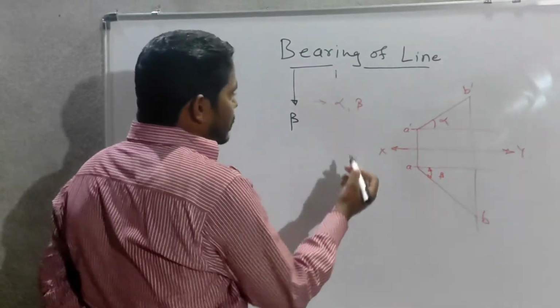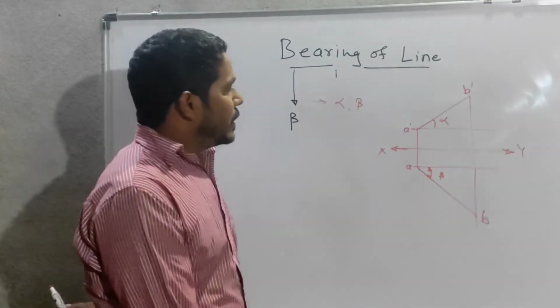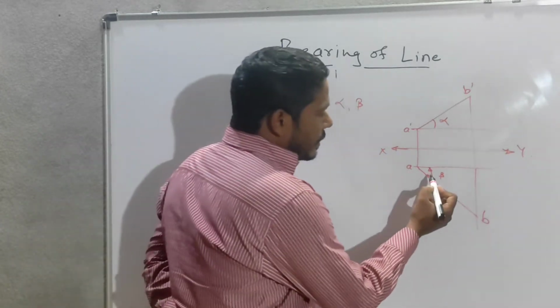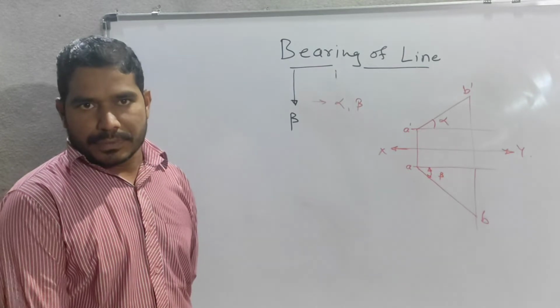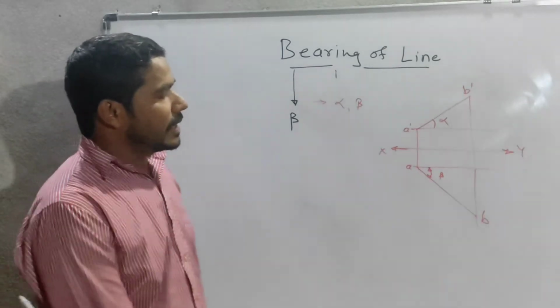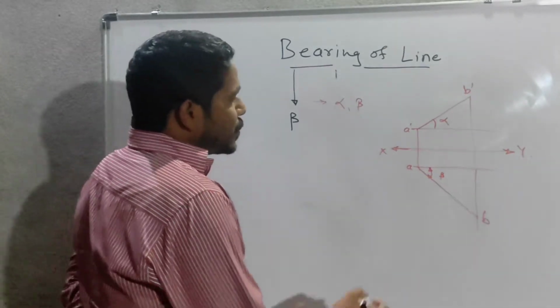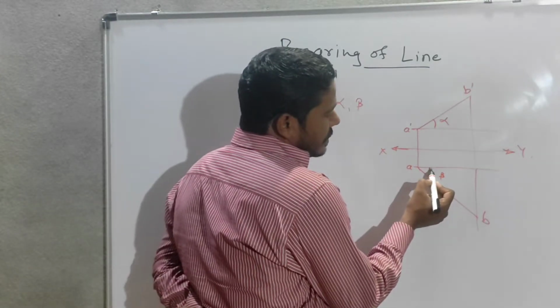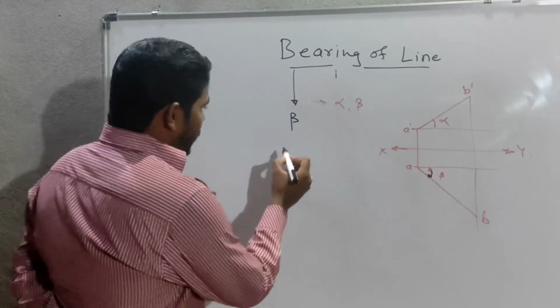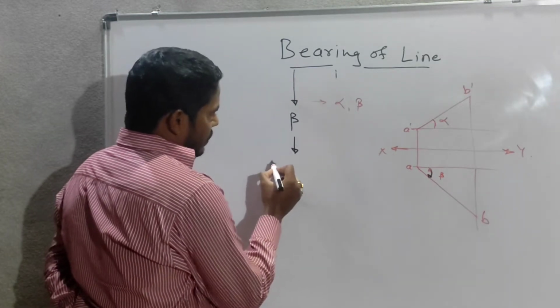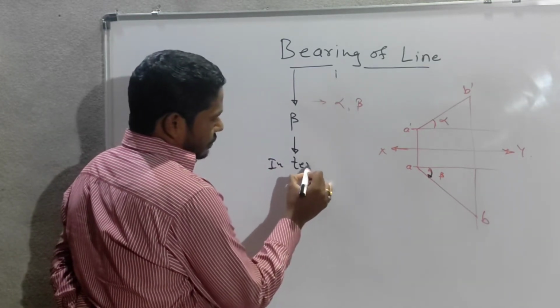As I have mentioned, the bearing indicates the apparent inclination of the line in its top view. That is the bearing of the line. As I mentioned, this apparent inclination is shown by beta, but the bearing will always be shown in terms of the principal directions.